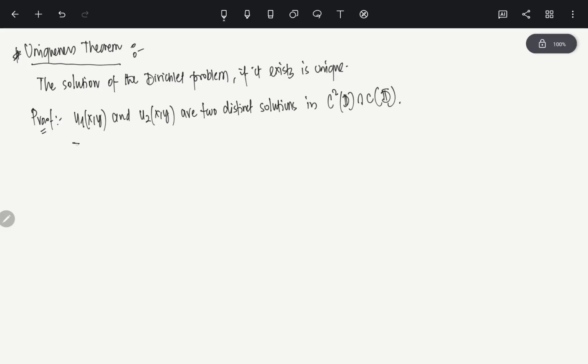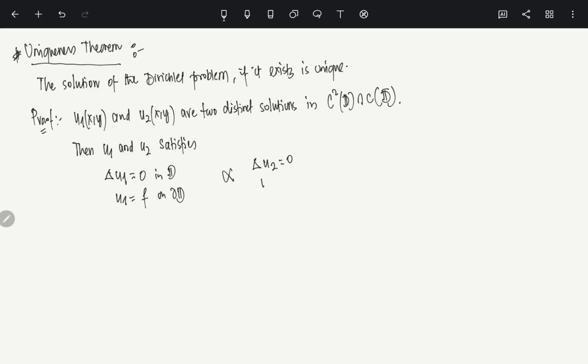Then u1 and u2 satisfy Laplacian of u1 equals 0 in D and u1 equals f on the boundary, clear? And again Laplacian of u2 equals 0 in D and u2 equals f on the boundary.